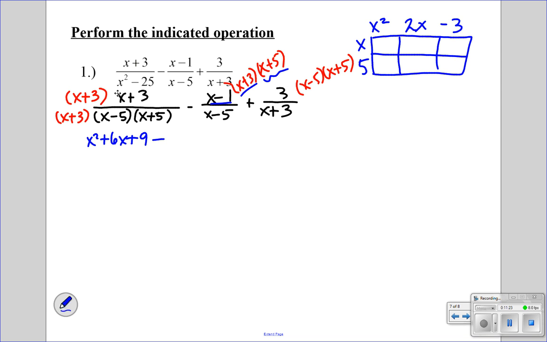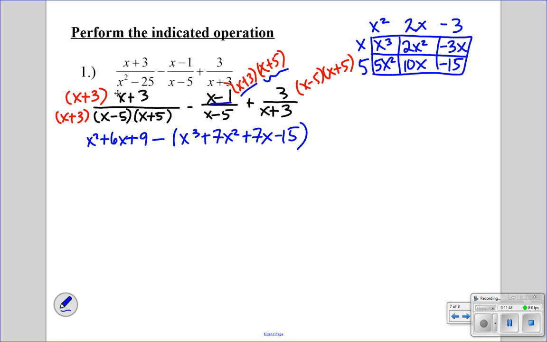Okay. So what we have is x cubed times 2x squared minus 3x, 5x squared, 10x, negative 15. Okay, and this is all subtracted, so we want to keep it in parentheses. So we have x cubed plus 7x squared plus 7x minus 15.